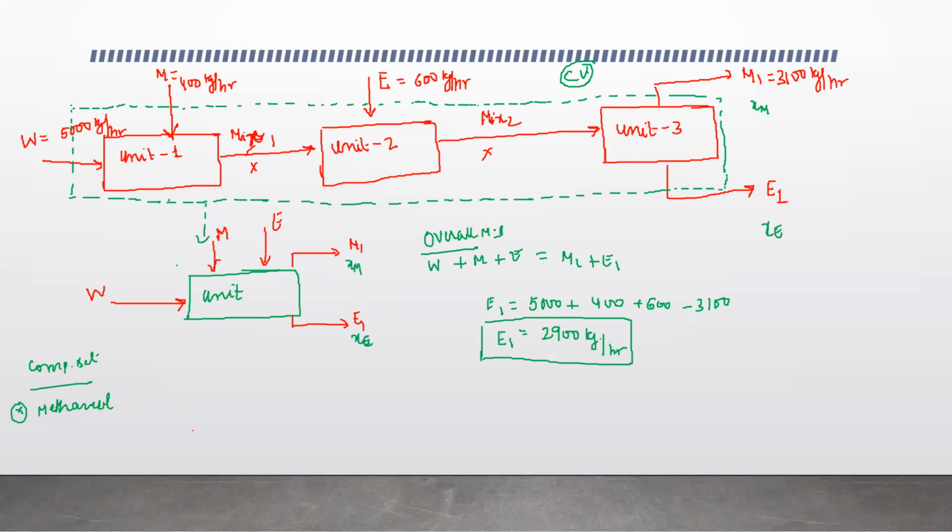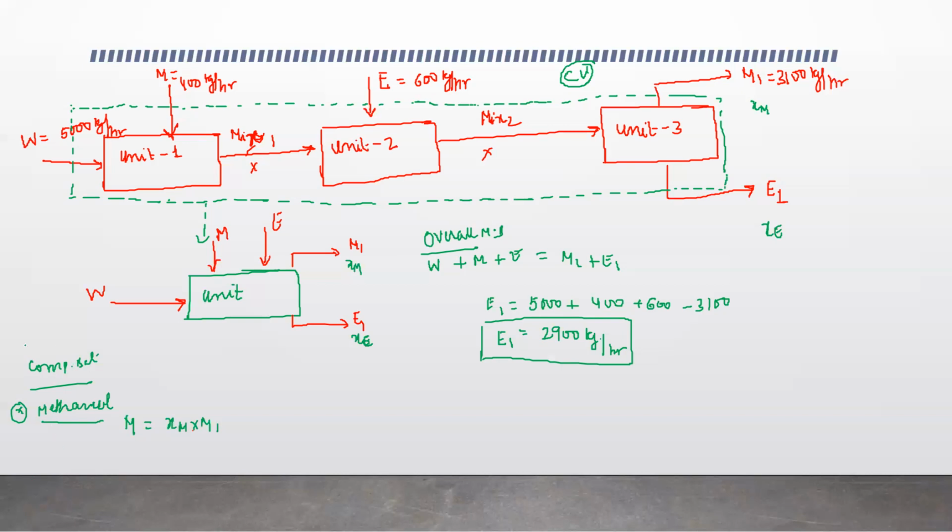Methanol coming in is only M. Incoming methanol is only M. Outgoing methanol is XM into M1, because methanol is coming in as pure methanol, but it is going out as a solution, forming a solution with water. That is why we have M equals XM into M1.